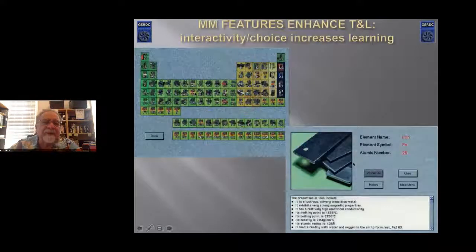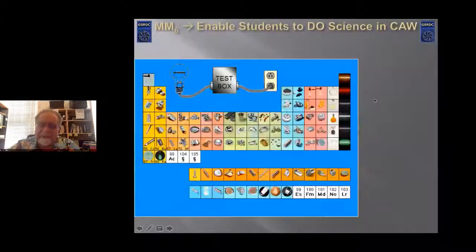There are other interactivities that occur. For example, in this case, the periodic table. They could actually click on any one of these, like they click here on iron. What is iron? Right there. They clicked on it and it showed them this. It shows the detail on iron, but you could have done that for any of the other elements.